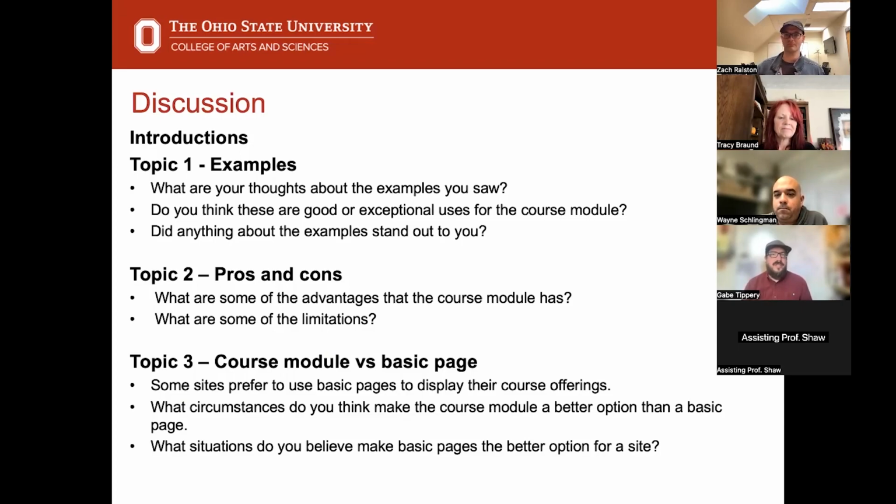And so the question really to me in how we start to talk about pros and cons in basic pages versus course module is, if your site went down today and you had to start over, would you have still done it in the basic pages? Like in your use of basic pages, are there things that you're missing, right? Or would you go, now courses is the way to go? Like if I had to rebuild it all.